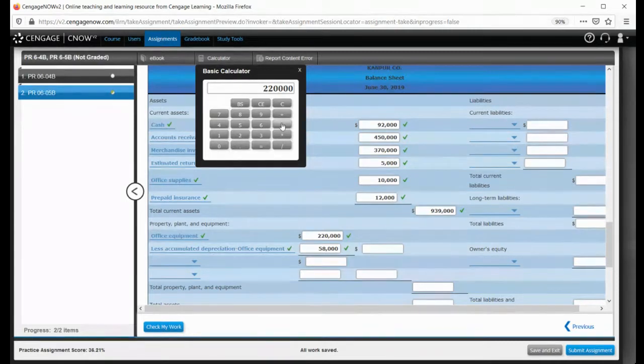We're going to subtract out 58,000 of accumulated depreciation, and that's going to give us 162,000 as the amount of the book value for office equipment.